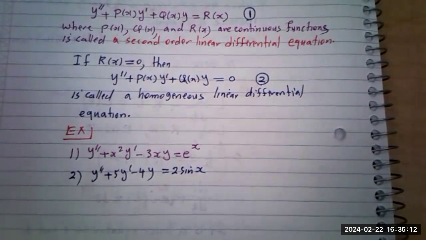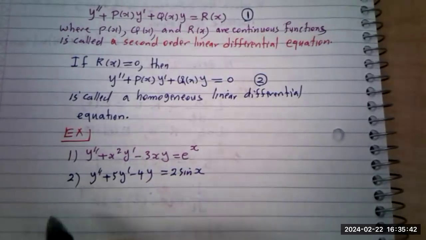This means the coefficients of y double prime, y prime and y are all constant. That would be very important for us, and we're going to investigate the solution of this group first. So we call it a linear equation with constant coefficients, because all the coefficients are constant. That's number 2.